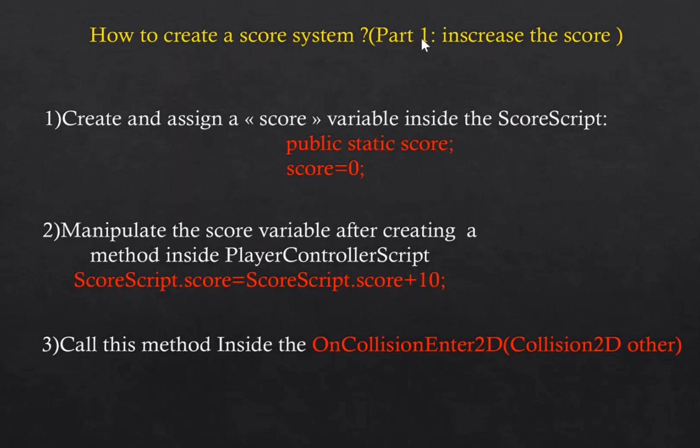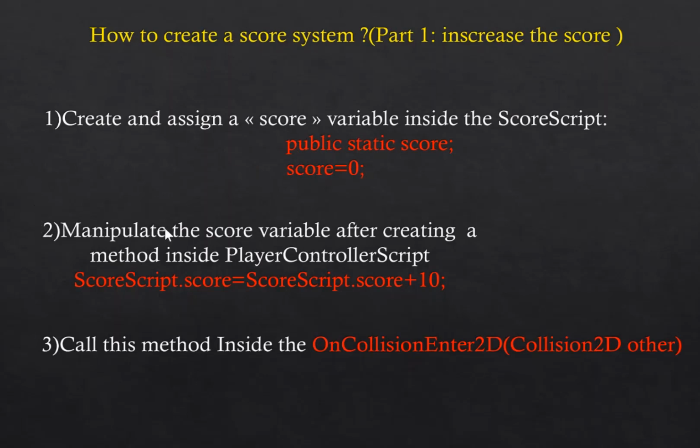Guys, to increase the score, you must first create and assign a score variable inside a new script called score script. You have to type public static int score and assign the score variable the value of 0.